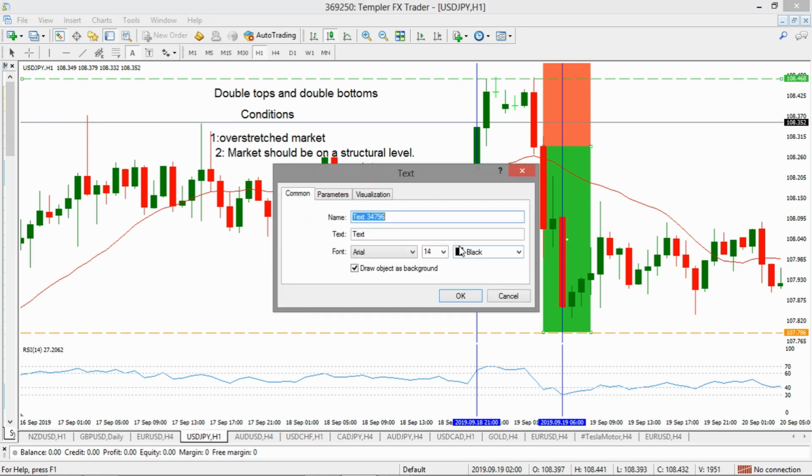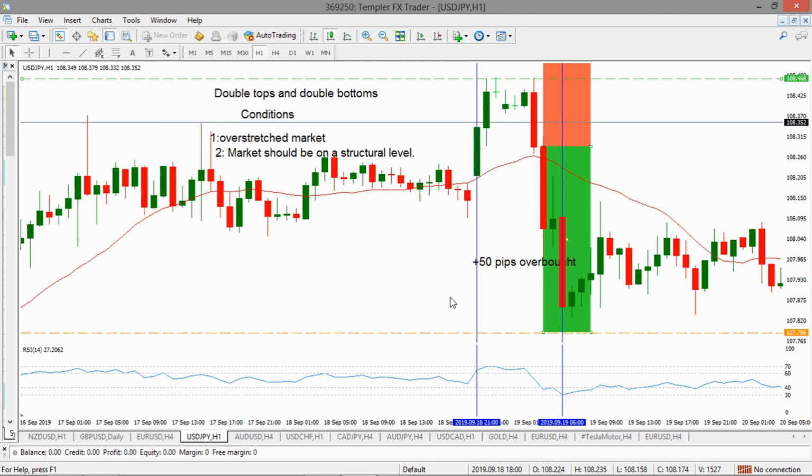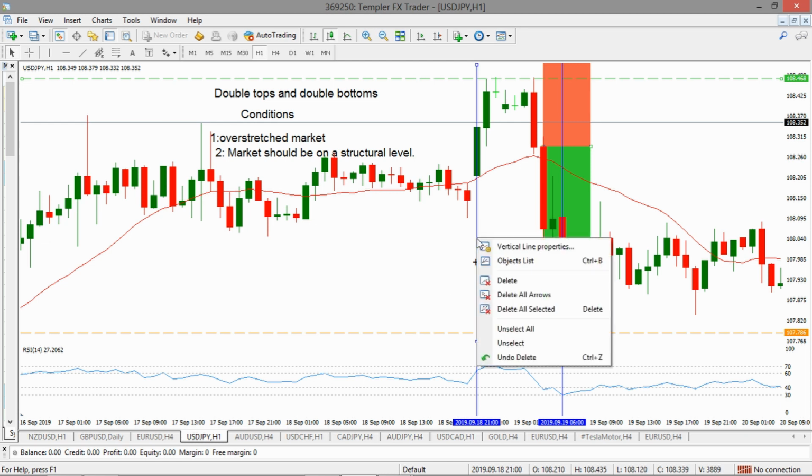Just this simple strategy, you could create 50 pips as simple as that. And the market was overbought. All you need is to have rules and conditions in place so that you reduce the number of losing trades. As we will see later, there are several trades that we will not take because they do not meet our rules and entry conditions.